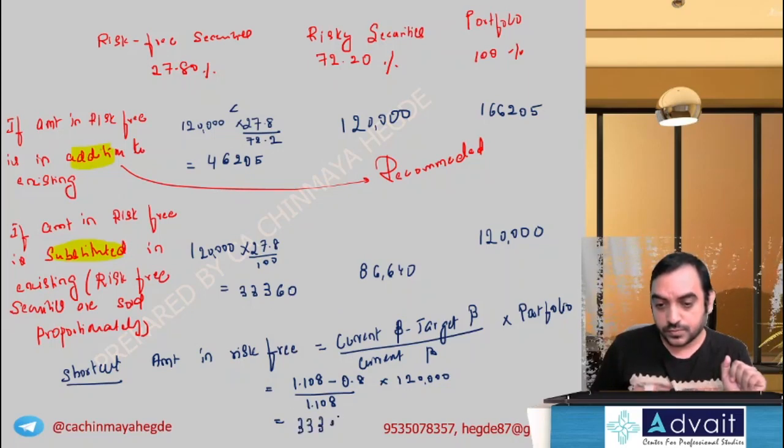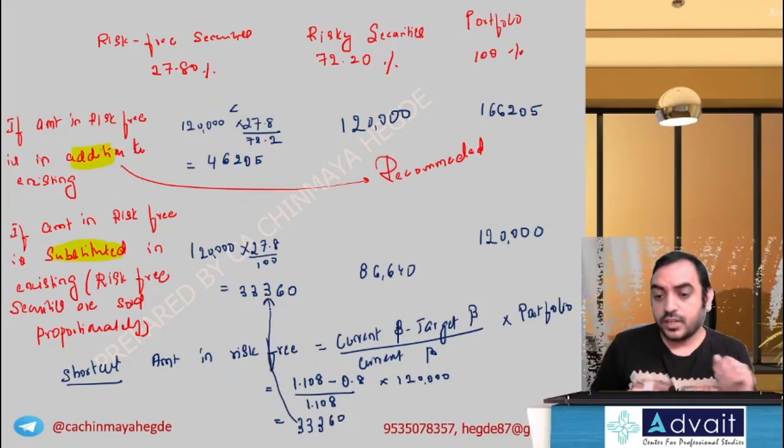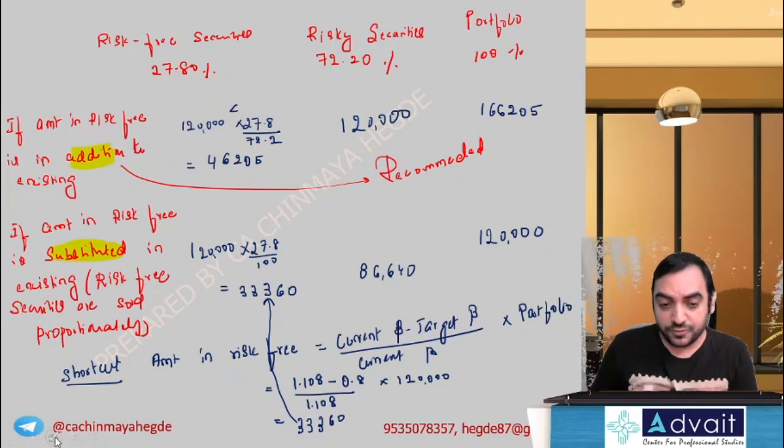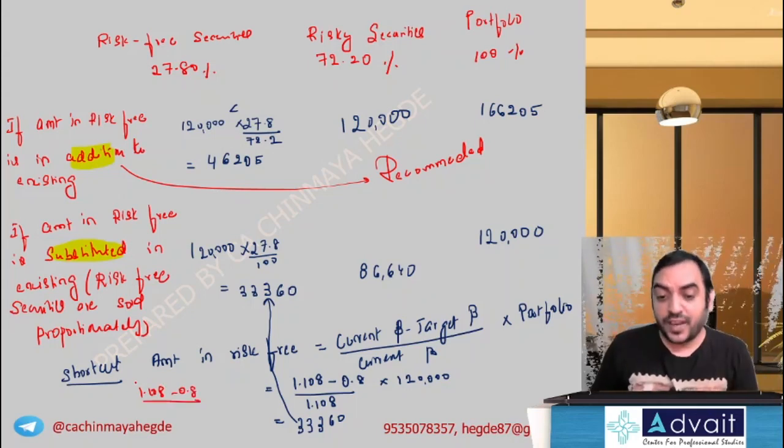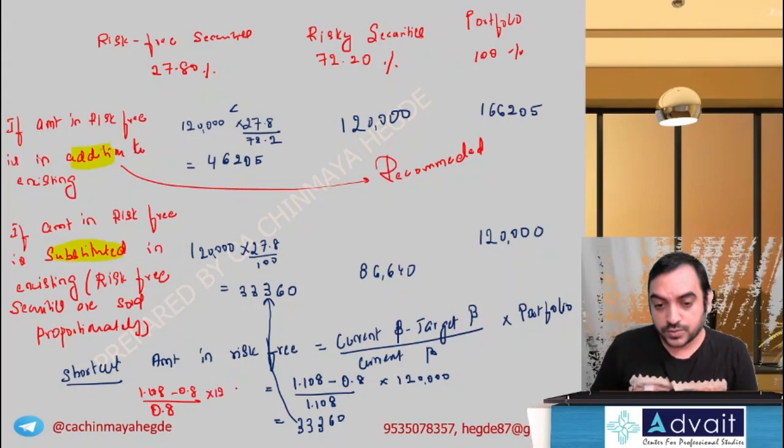Instead of dividing by current beta, you divide by target beta itself. That is another one: 1.108 minus 0.8, divided by the target beta itself, that is 0.8, into 1,20,000.